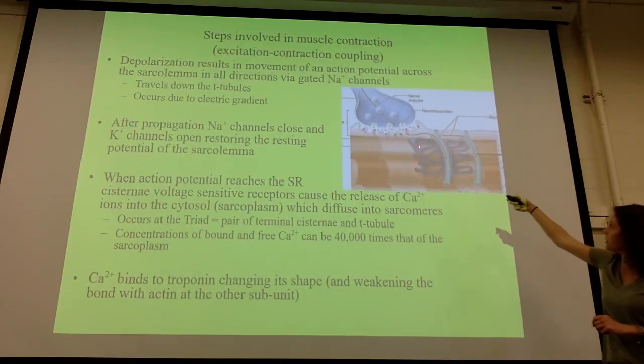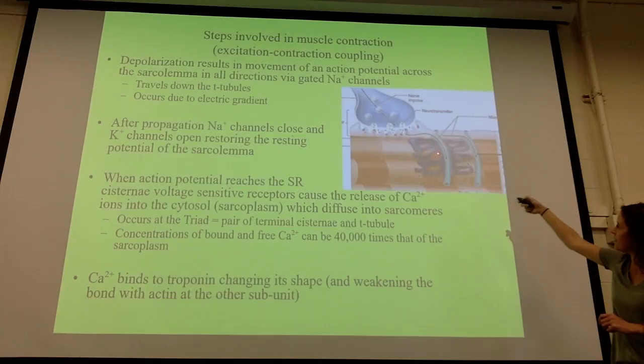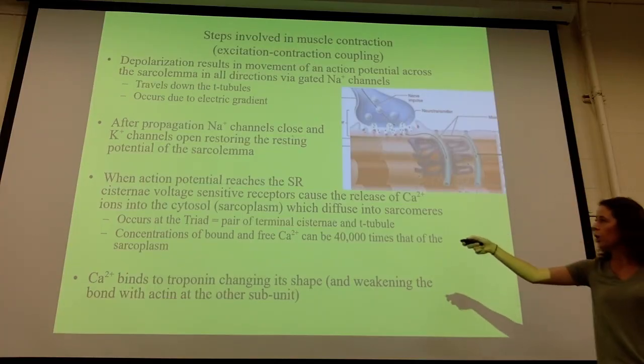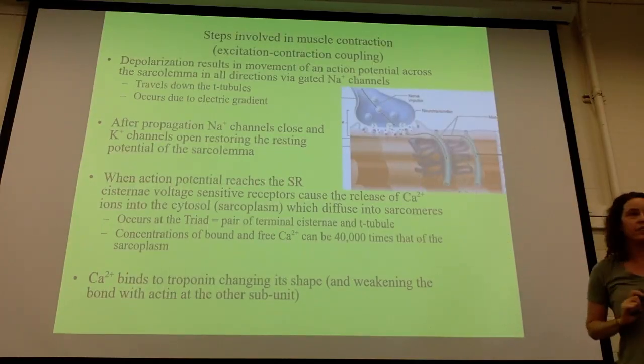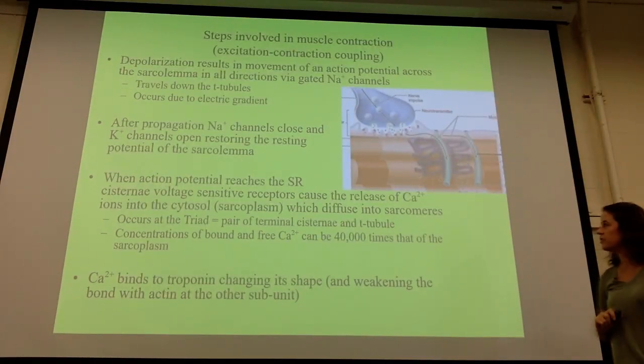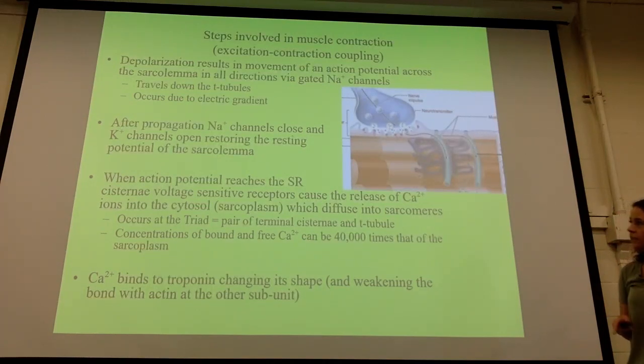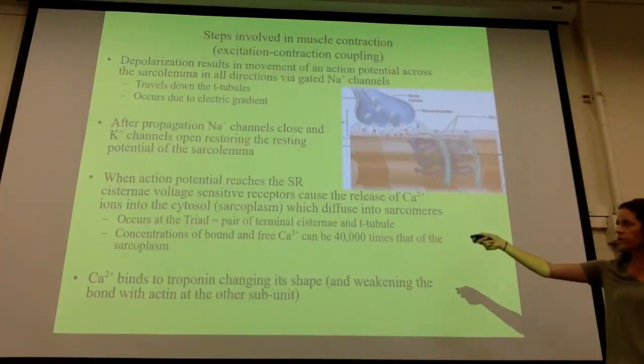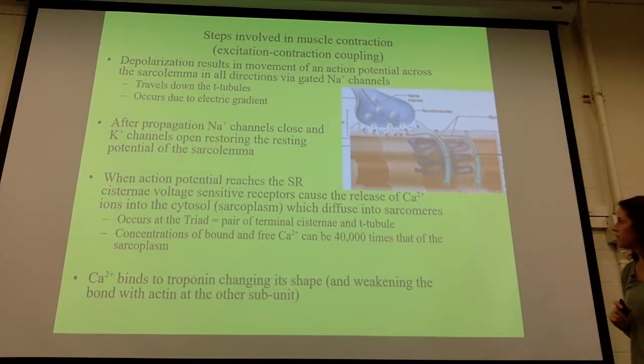Oh, you can see it in this picture here. That blue lace, again, is our SR. When action potential reaches the SR cisternae, so the expanded portions on the side, voltage-sensitive receptors cause the release of calcium ions into the cytosol, also known as sarcoplasm, which diffuse into sarcomeres.